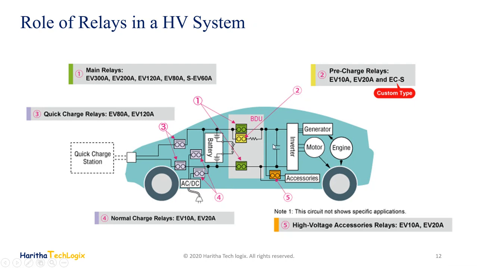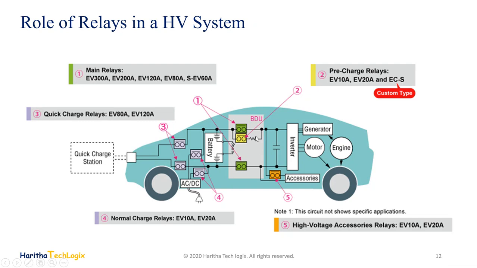For charging this smoothing capacitor, we need to have a pre-charge circuit consisting of a pre-charge relay and a pre-charge resistor. Initially, when the vehicle is turned on, this smoothing capacitor is charged with a limited current flow by closing the pre-charge relay and the negative main relay.